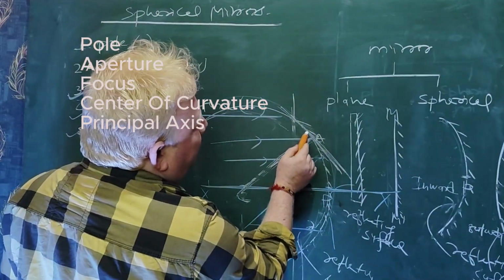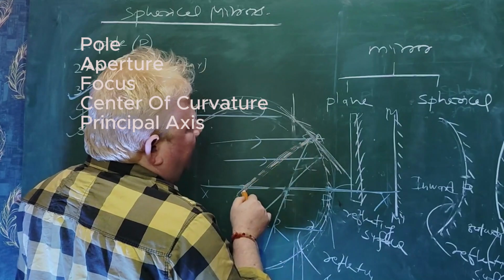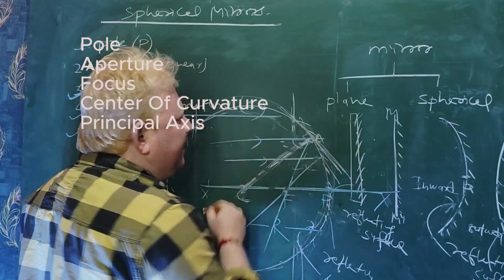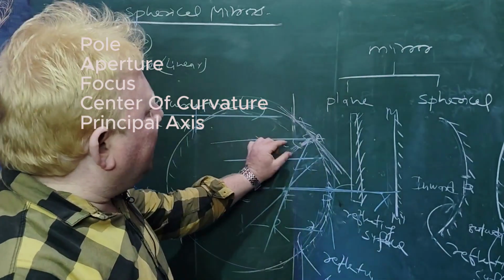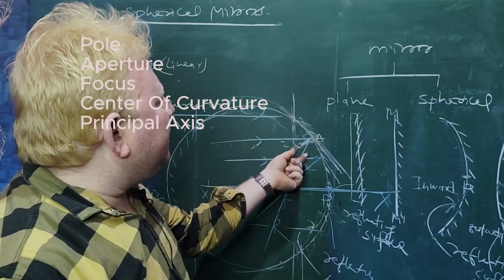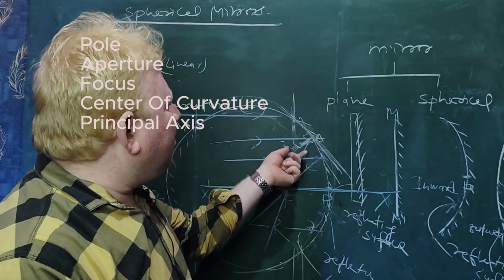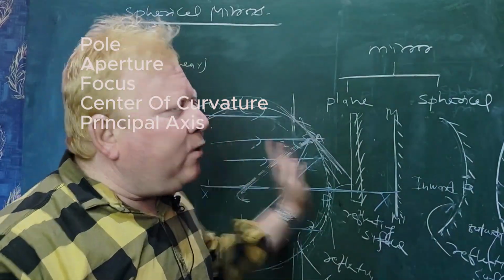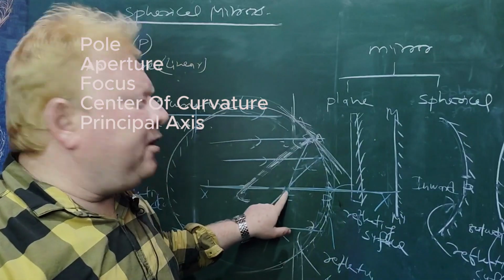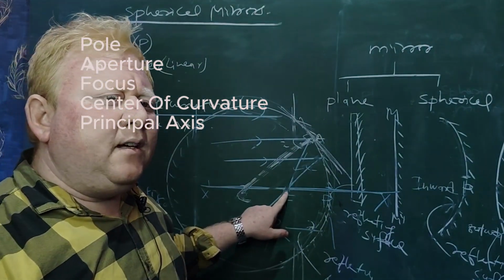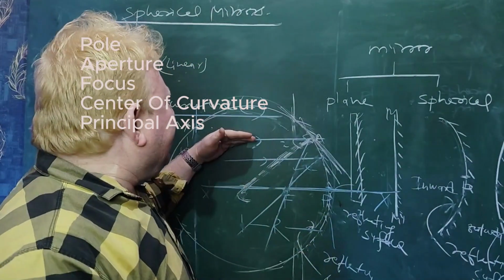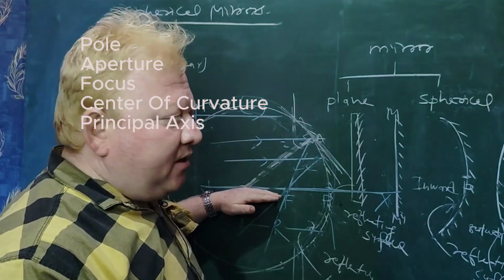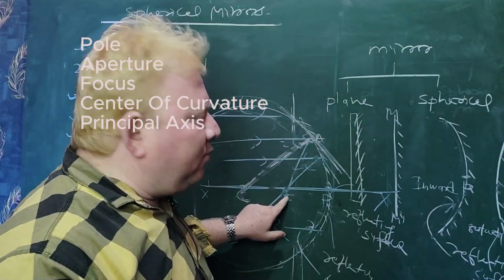So it is perpendicular at this point, and this way this will become the angle of incidence. Now how much is the angle? The same angle is this, right? So in order to fulfill the laws of reflection of light, there is no other option other than passing through this point only, right? That is why a light ray coming from infinity parallel to the principal axis, after reflection, will pass through the focus.